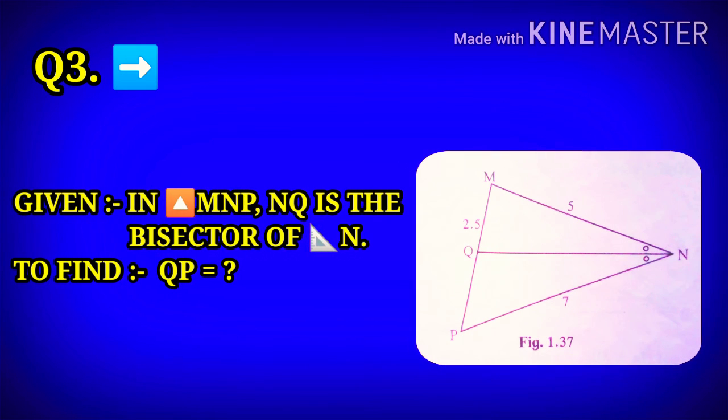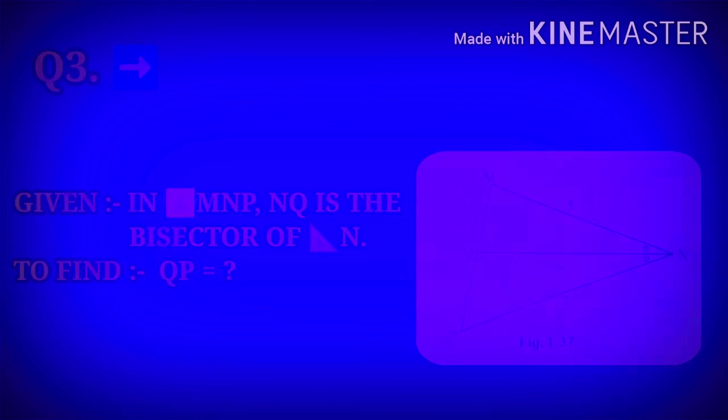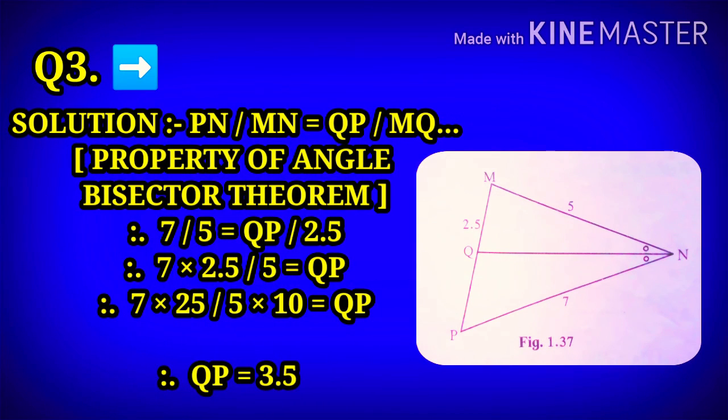It tells us given is in triangle MNP, NQ is the bisector of angle N. And we have to find the value for QP. So now let's see what is the solution. It is PN upon MN is equal to QP upon MQ according to the property of angle bisector theorem.